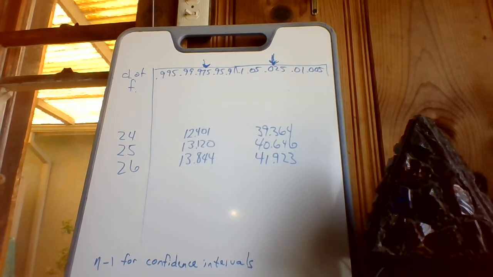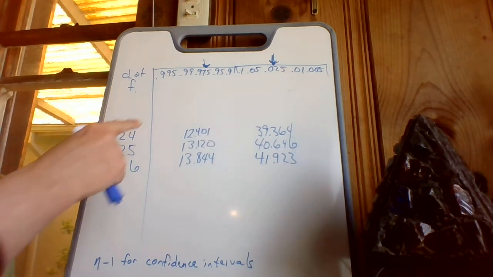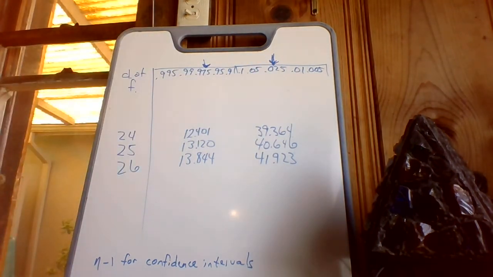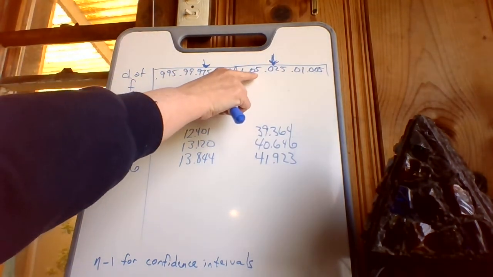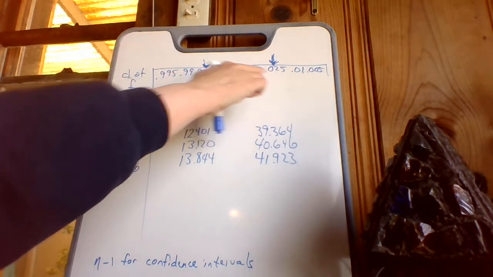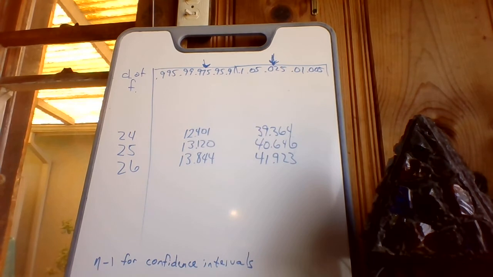The other thing you need to do to read the chart is the 95%. 95% corresponds to 0.975 and 0.025. 95% never means go down the 0.05 or the 0.95. You don't go down those. You've got to go down these two columns, 0.975 and 0.025, because those match up with the 95%.